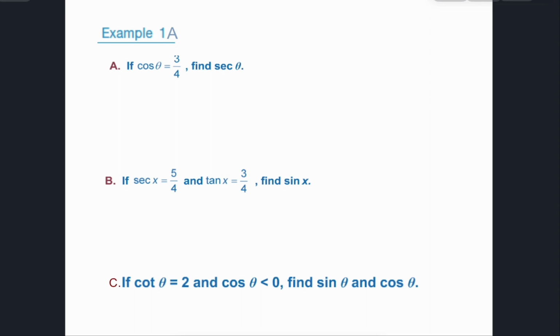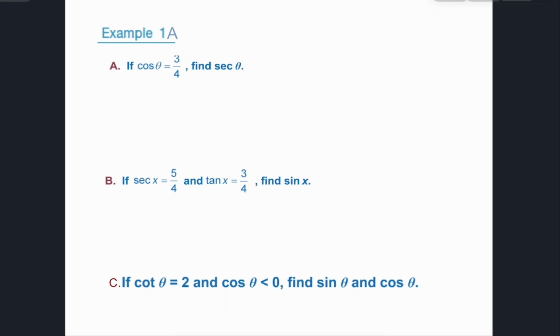Now, I'm going to show you ways to do these problems without having to build a triangle, because of the fact that we know some other things about our trig functions. So there are more than one ways to do these problems, okay?